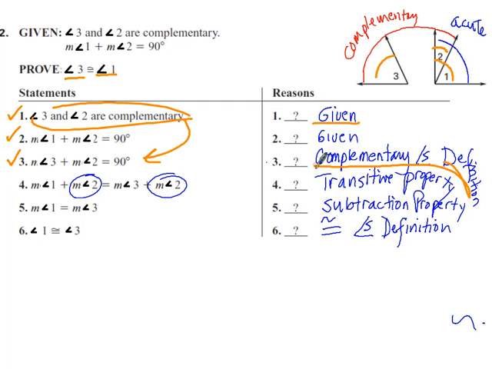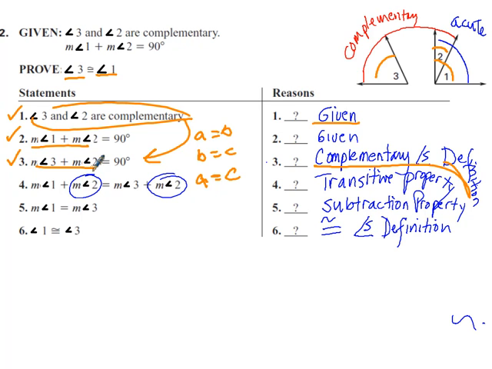Going on to step 4, we've got A is equal to B, we've got B is equal to C, and now we can say A is equal to C. Once again, we have the transitive property, so we can say this is equal to this because they're both equal to 90 degrees.